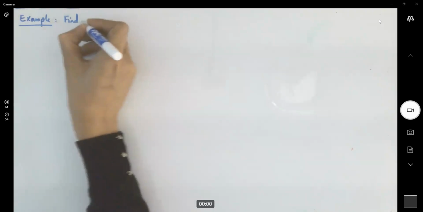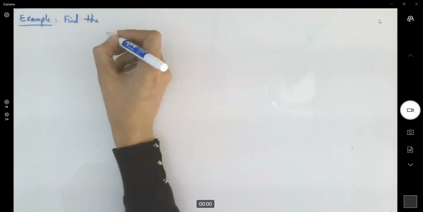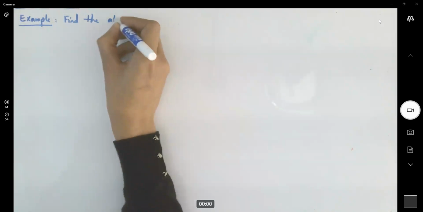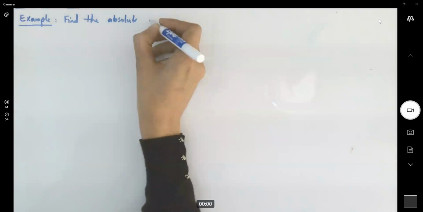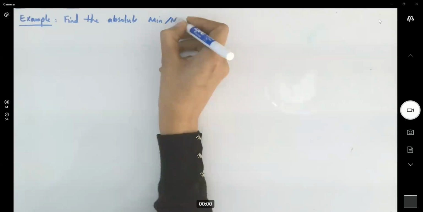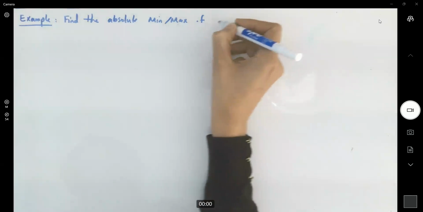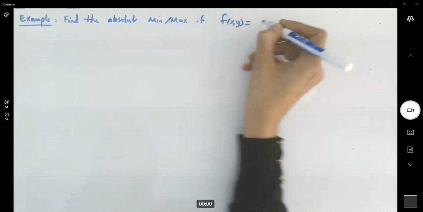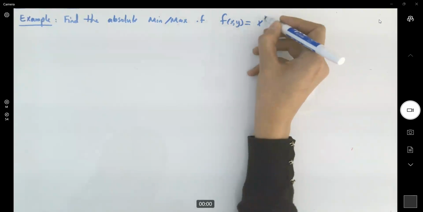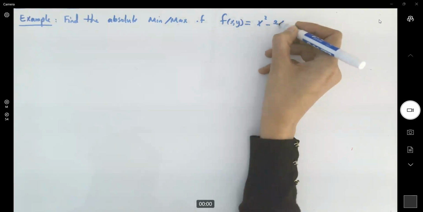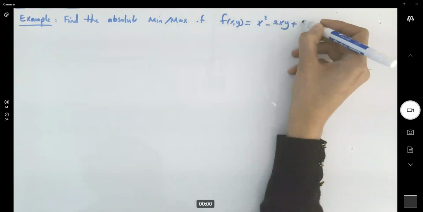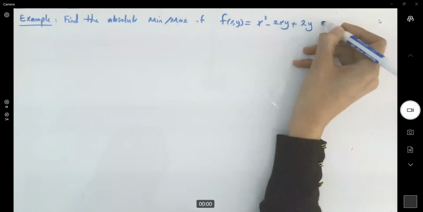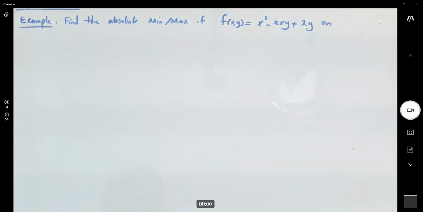Find the absolute minimum and the maximum of the function f of x and y equals x squared minus 2xy plus 2y on the given domain.